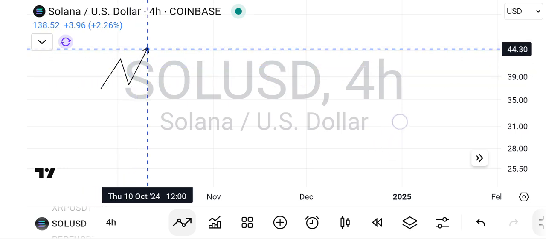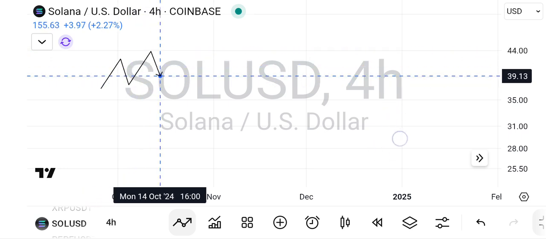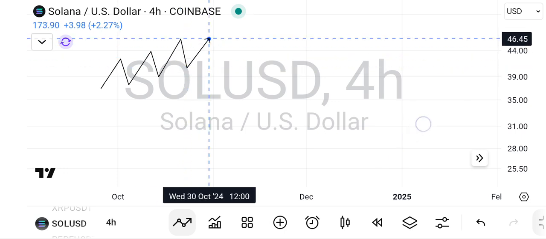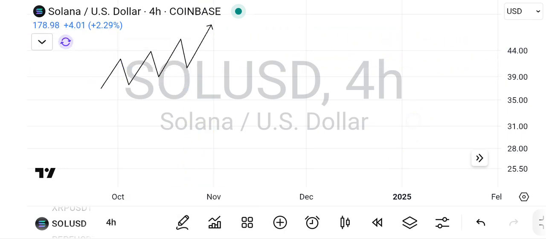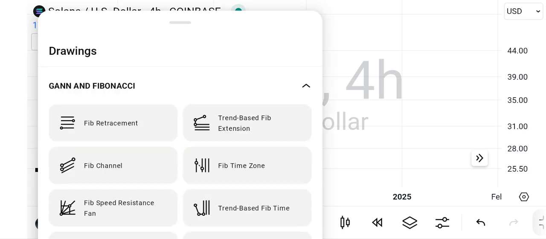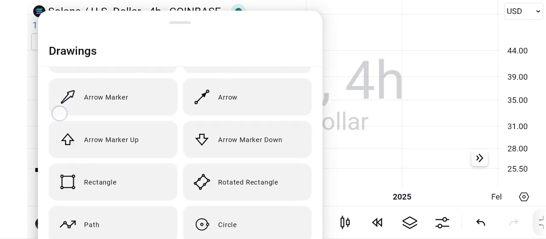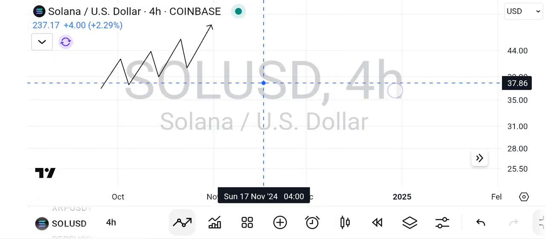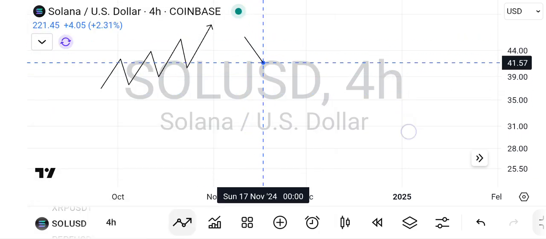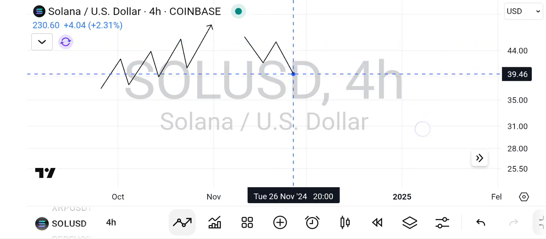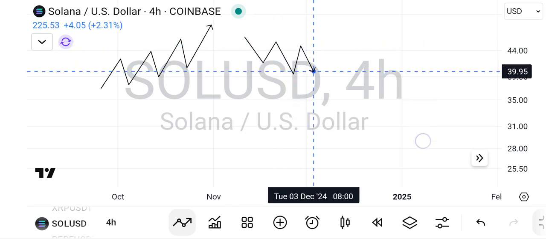We have the uptrend, that is when the market is creating higher highs and higher lows. And you have the downtrend, when price is creating lower lows and lower highs, so creating each low has a break of structure.